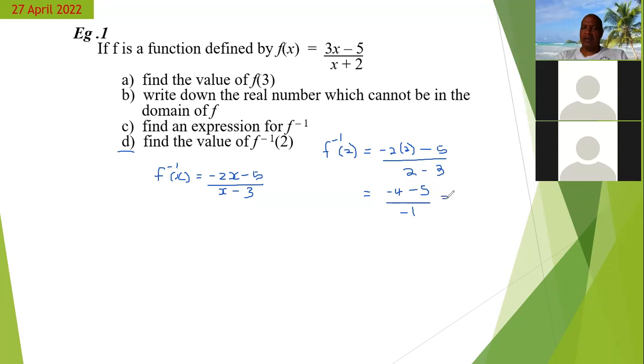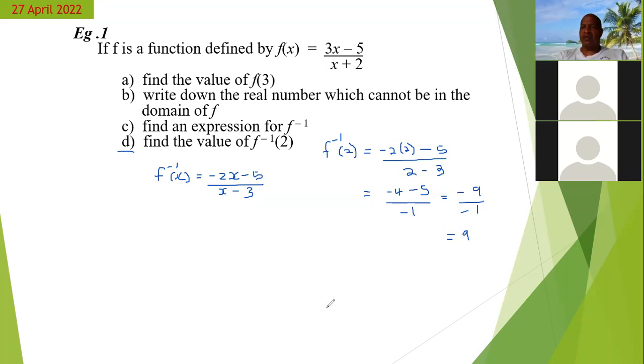Now the numerator, you add the negative values together and keep the sign as negative. So that becomes -9 over -1. And so negative divided by negative gives you +9. All right, so that should be the answer.